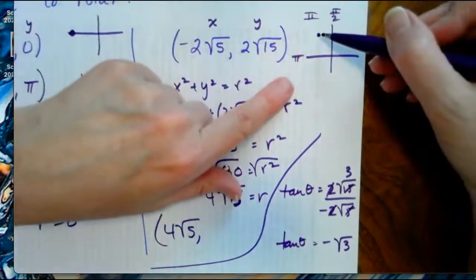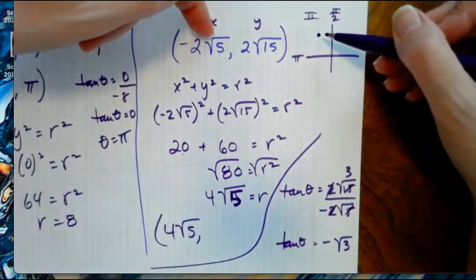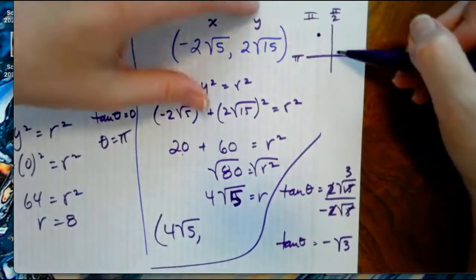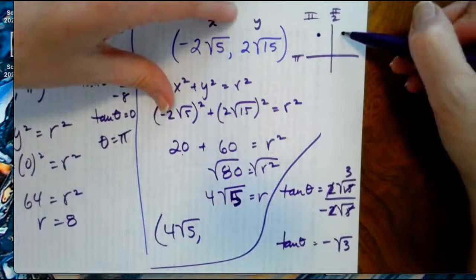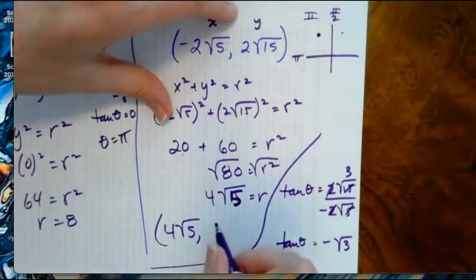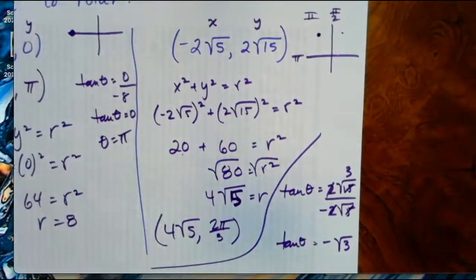And since this particular point is farther up than it is out, I know that it has to be 60, or excuse me, 60 degrees, which is going to be pi over 3, 2 pi over 3. So theta is 2 pi over 3. Obviously, you can check that by using y over x or using your inverse tangent function on the calculator. So there's your r and there's your theta.